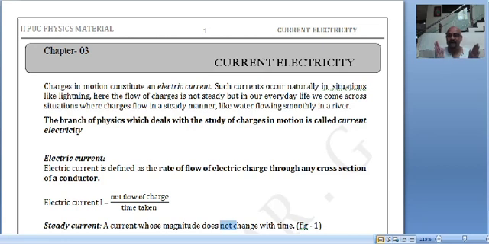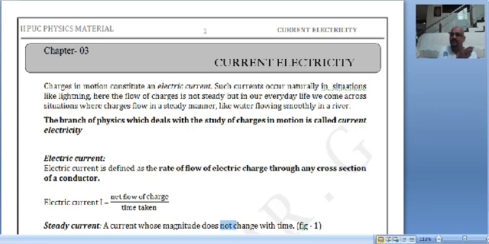So how do you define electric current? You just consider a wire of uniform cross section for that matter. If one end of the wire is at a higher potential and the other end is at a lower potential, which means you just imagine a copper wire, and one end of the copper wire you have connected to the positive terminal of the cell, and the other end you have connected to the negative terminal of the cell, which means you have created a potential difference between the two ends of the conductor.